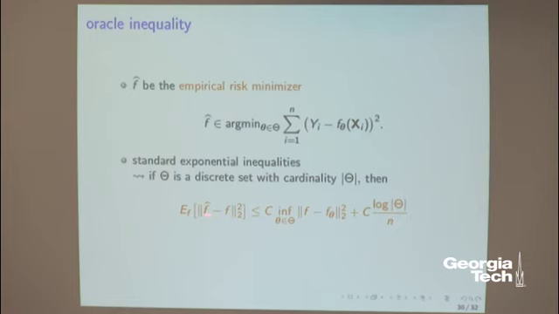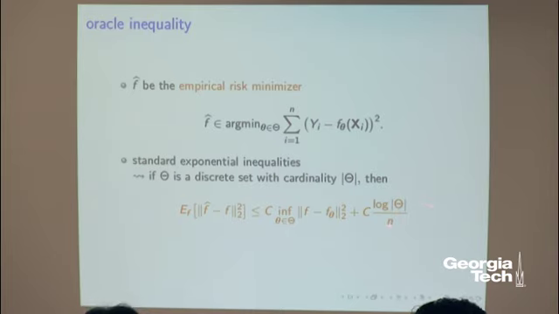risk or the expectation of the loss, is bounded by the squared approximation error plus a term that accounts for the statistical variability, and this term scales like log of the cardinality divided by n.